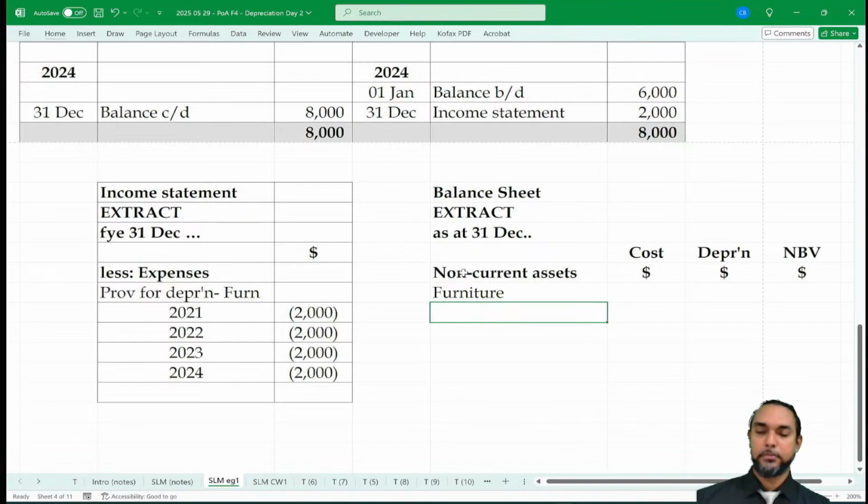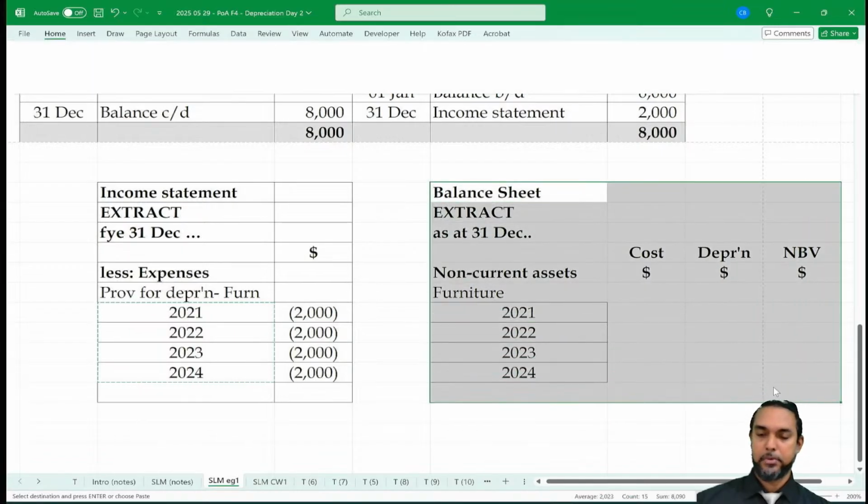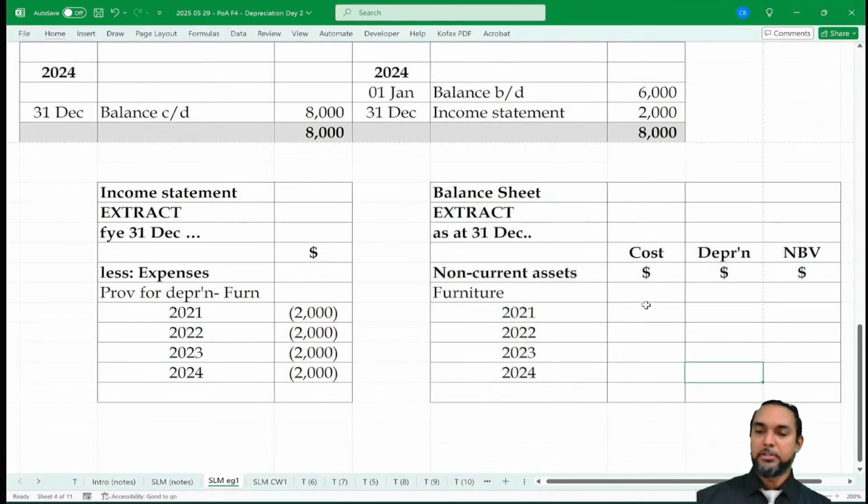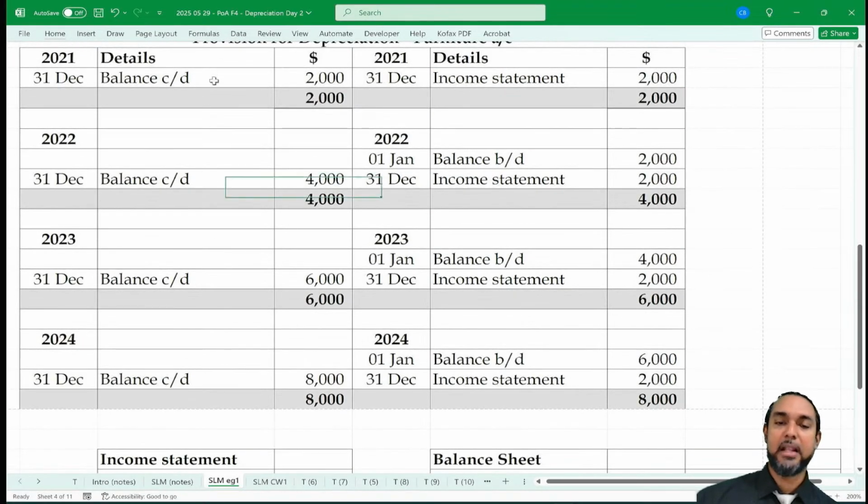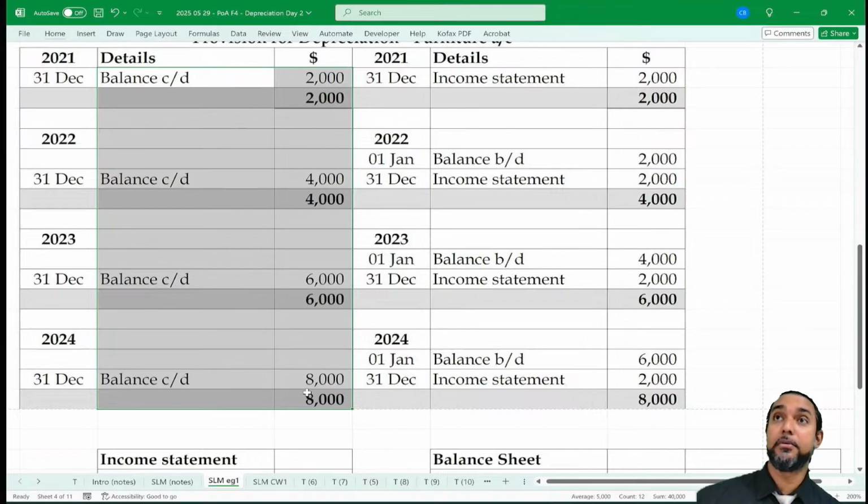Right, so copy this across here. Right. So the cost of the asset doesn't change. So this column has the same figure for how many of the years? It was 10,000, right? In the example. Now the balance sheet will pull the balance from the account, right?